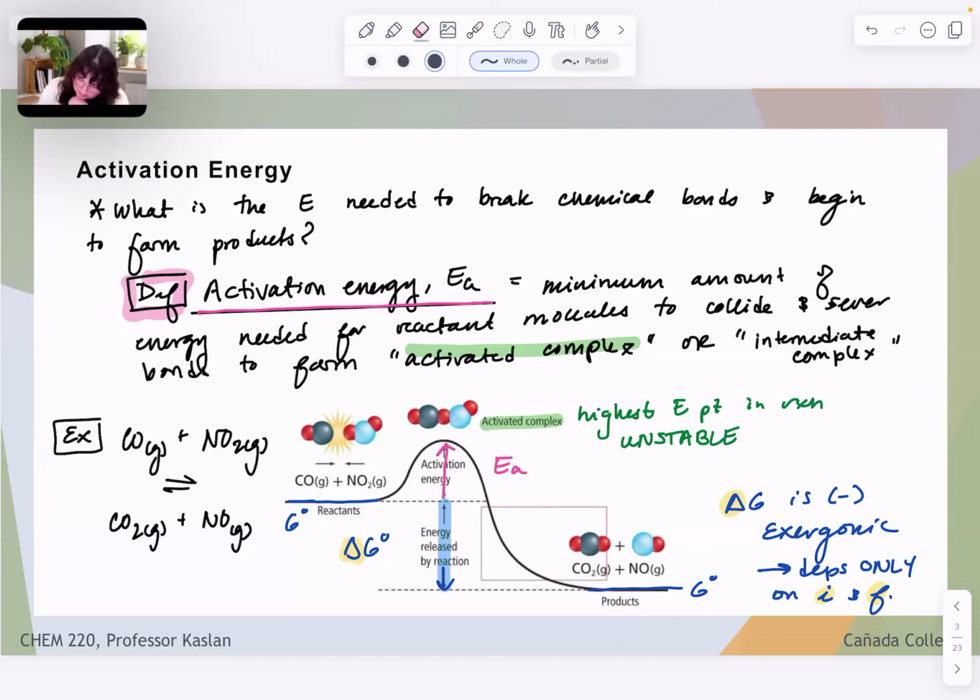It's the minimum amount of energy needed for reactant molecules to collide and begin severing and reforming bonds that form our activated complex.